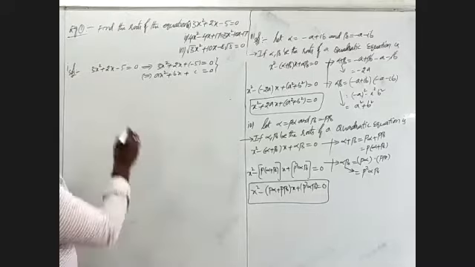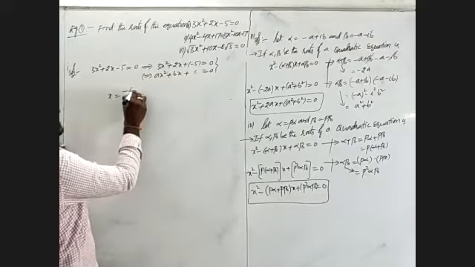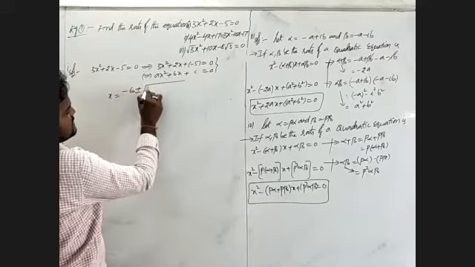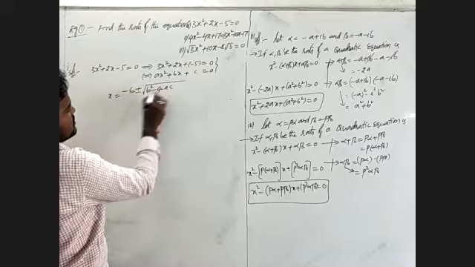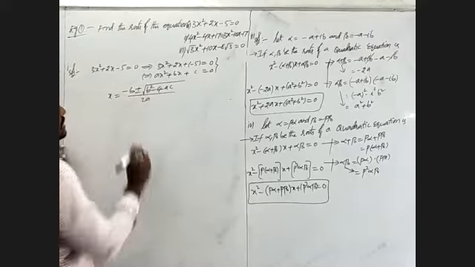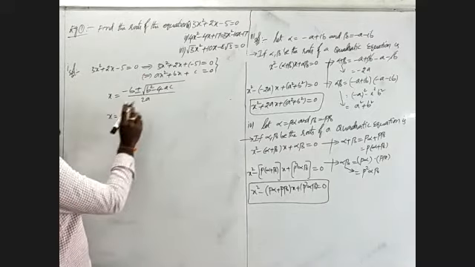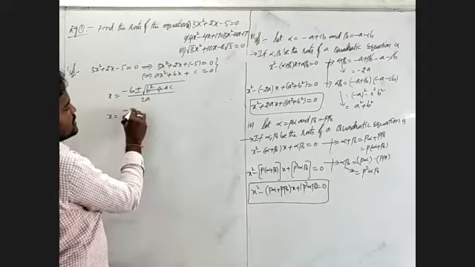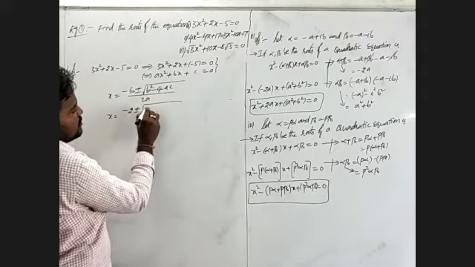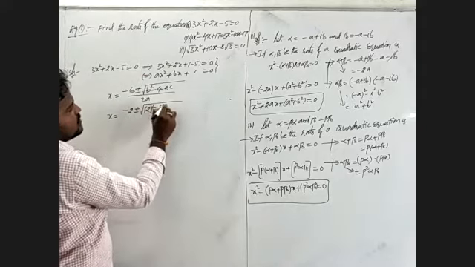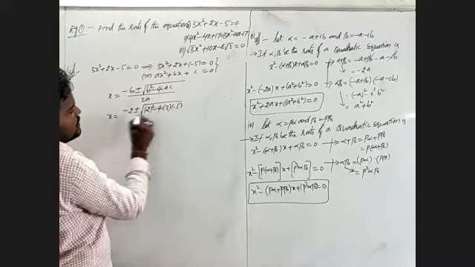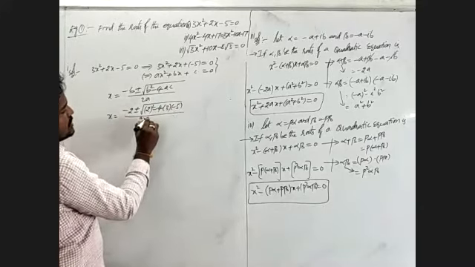Then the roots of a quadratic equation are given by the formula x equal to minus b plus or minus root of b square minus 4ac, by 2a. We have to apply the values: x equal to minus 2 plus or minus root of 2 square minus 4 into 3 into minus 5, by 2 into 3.